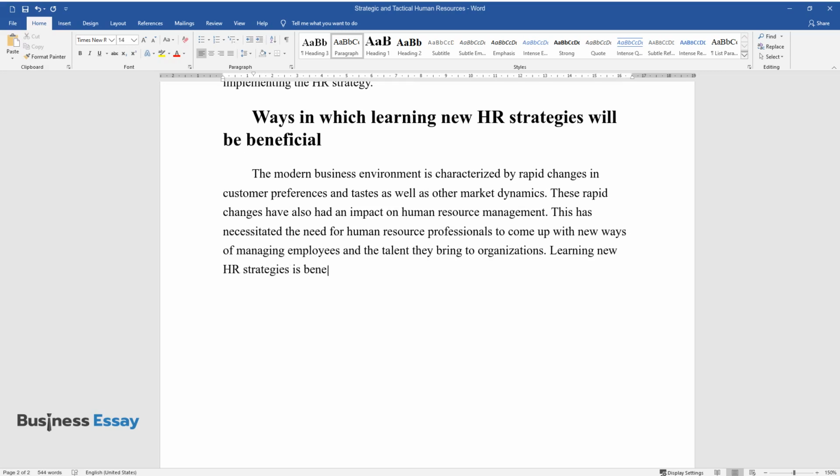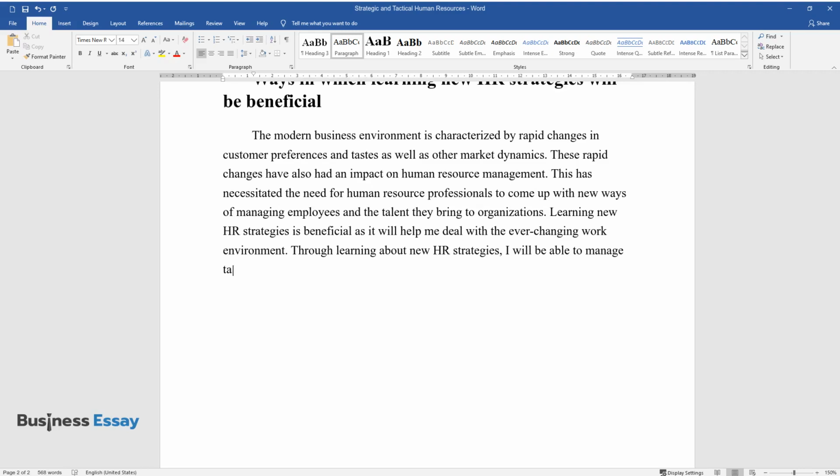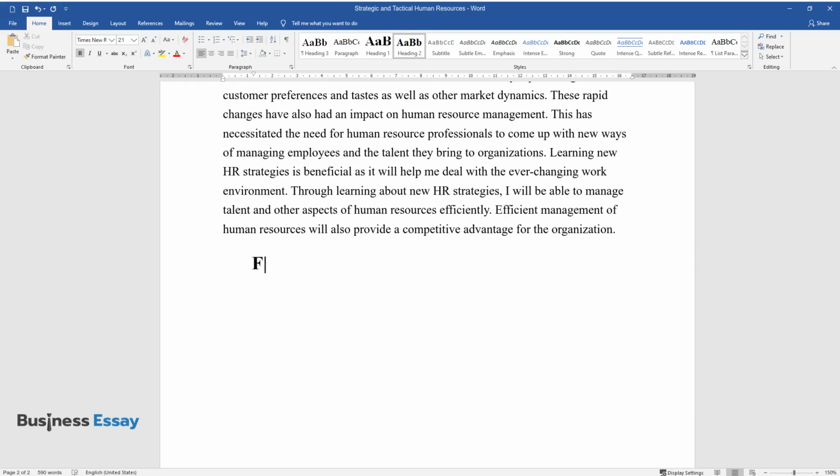Learning new HR strategies is beneficial as it will help me deal with the ever-changing work environment. Through learning about new HR strategies, I will be able to manage talent and other aspects of human resources efficiently. Efficient management of human resources will also provide a competitive advantage for the organization.